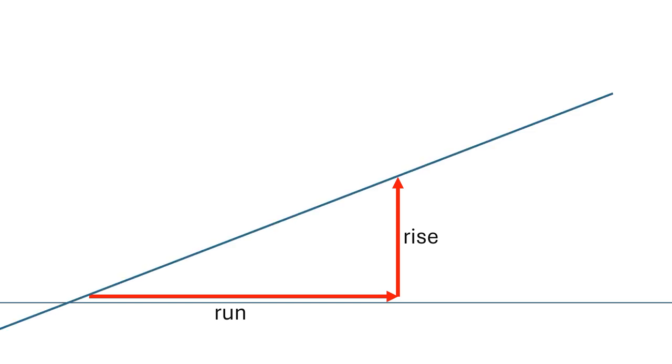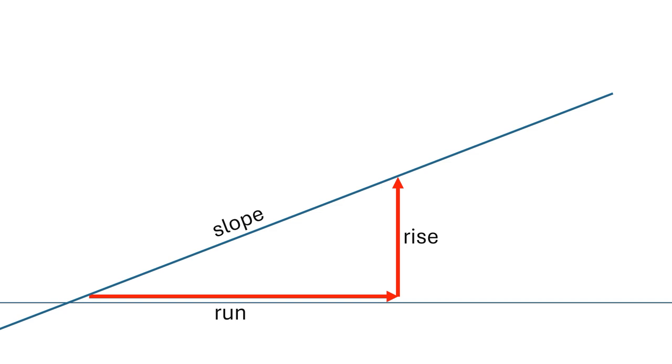We can refer to any movement along the x-axis as the run, and we can refer to any movement along the y-axis as the rise. If we connect the beginning of the run to the end of the rise, we get something that looks like a hill, and we'll refer to this as the slope.